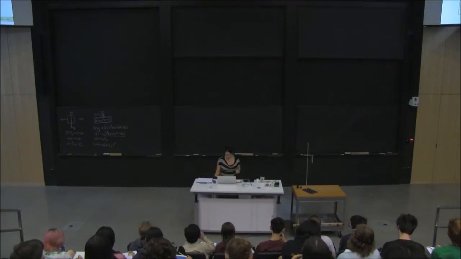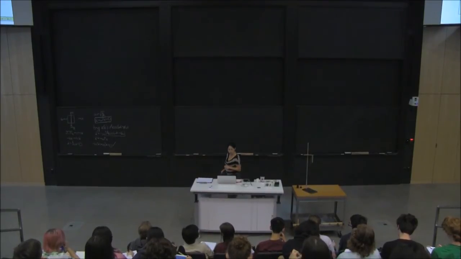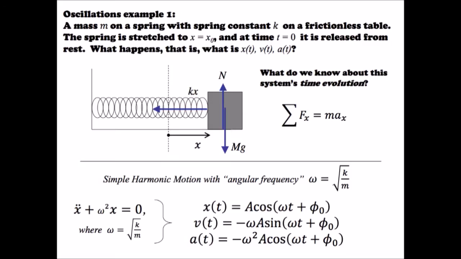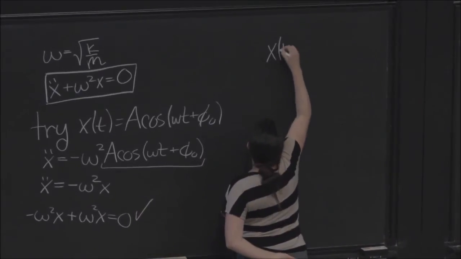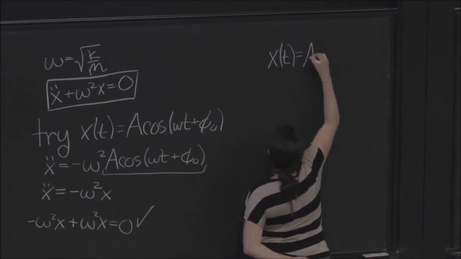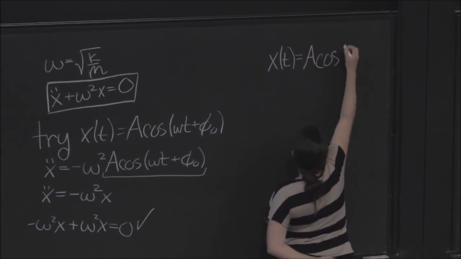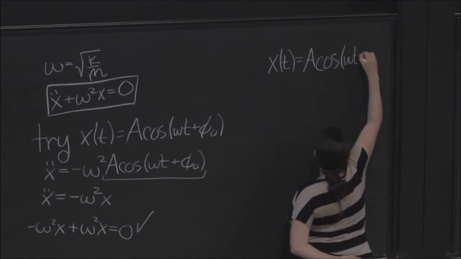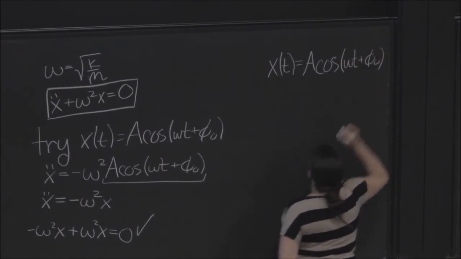All right. So if that is our solution, then now we can pretty easily write down what the position as a function of time and the velocity as a function of time and the acceleration are. So let's see, we already know x of t, and I'm going to write these down.